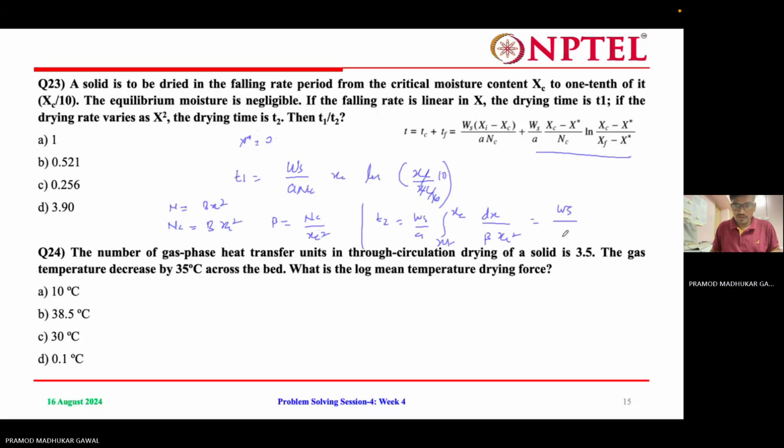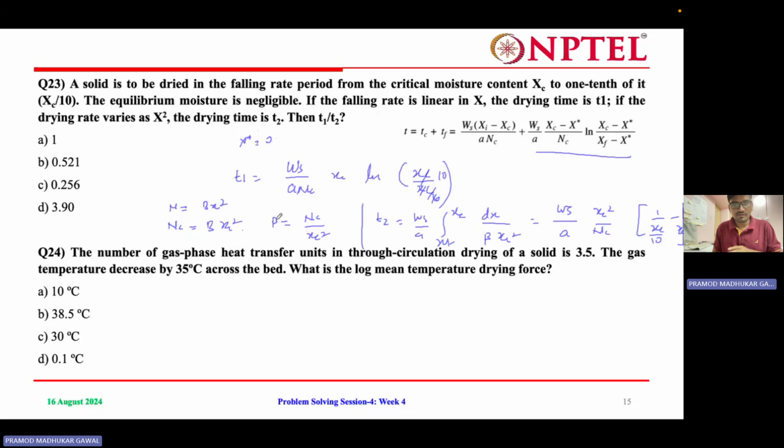Ws by A Xc square. Just like the equation here, based on that, this term gives b divided by NC, which is equal to 1 by Xc over 10 minus 1 by Xc.